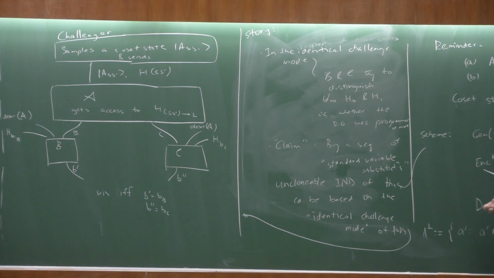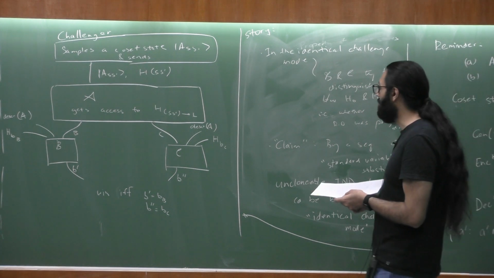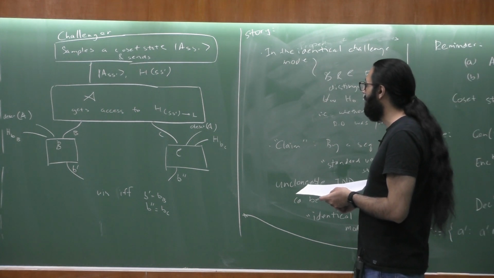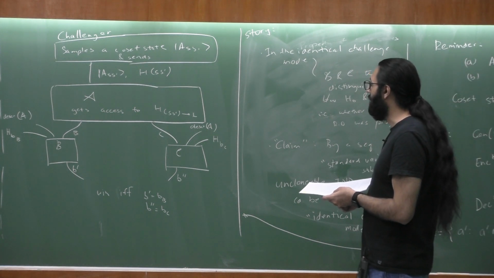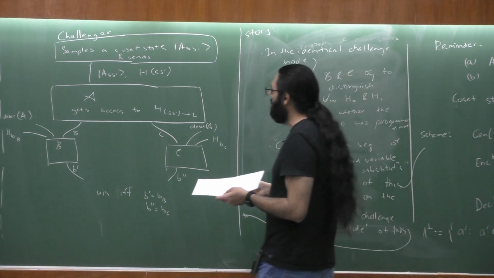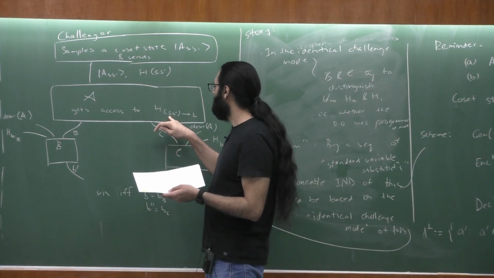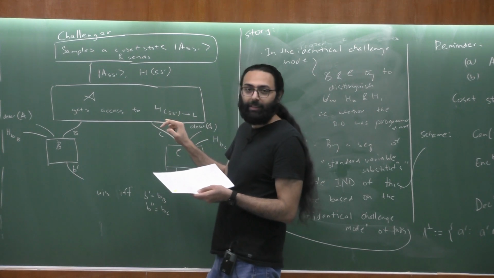So A just sends some information about the cosine state to the answer. No, I think you're right, because A does not know SS prime explicitly, right?